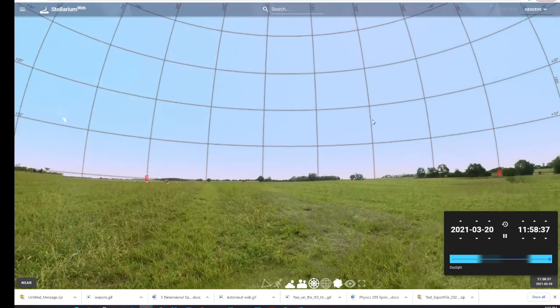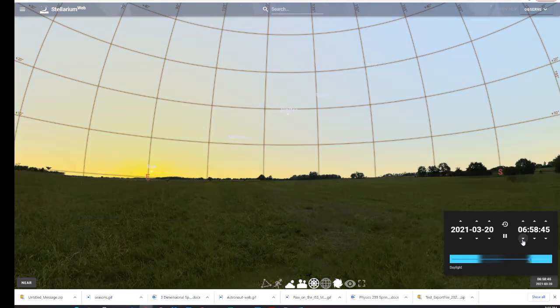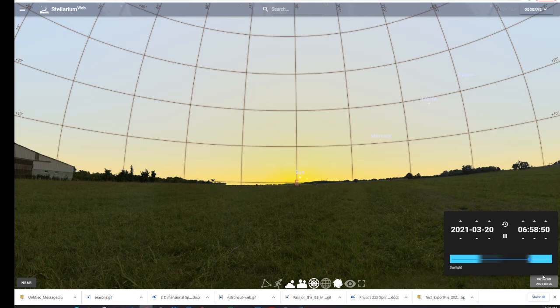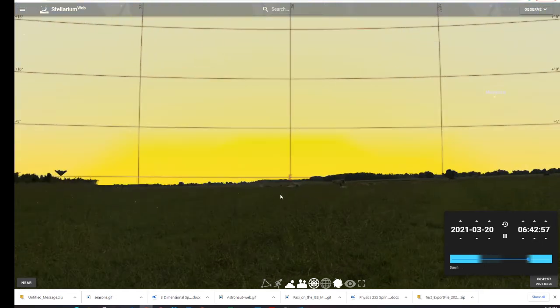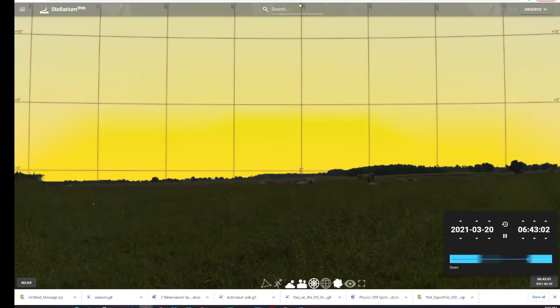So let's go back to sunrise. Right. So notice that at our spring equinox, the sun is rising exactly here in the east, right? So remember we said east is at an azimuthal angle of 90 degrees. So the sun is rising right here in the east, okay?